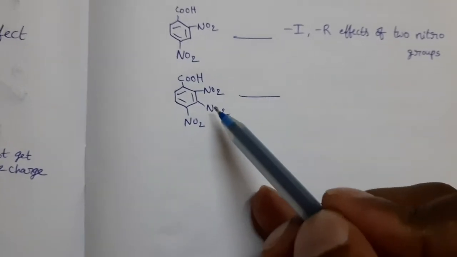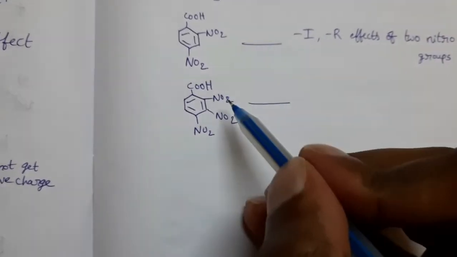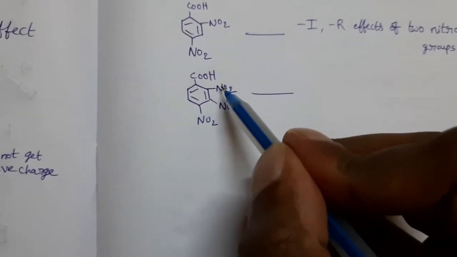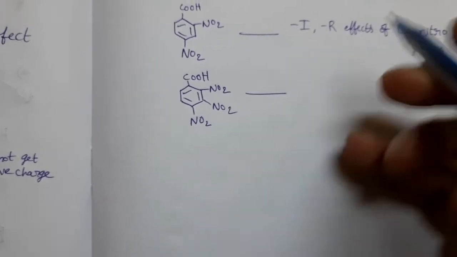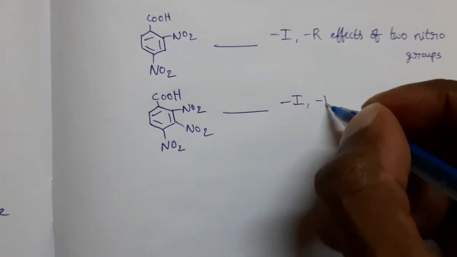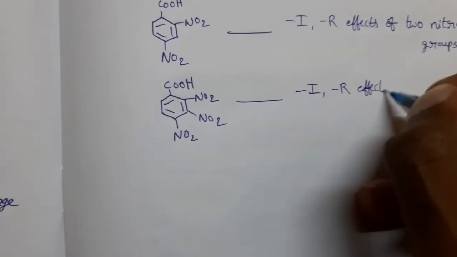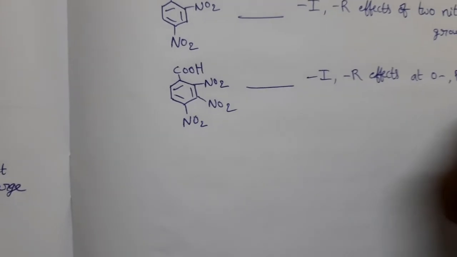But this is wrong. It has less acidic character. See here, NO2 group is present at ortho position, meta, para. Now, minus I, minus R effects at ortho and para positions.